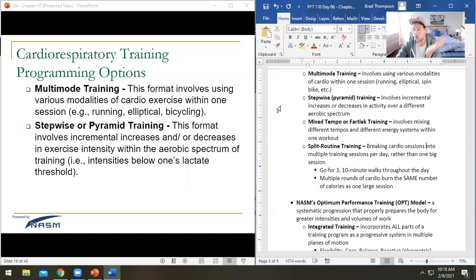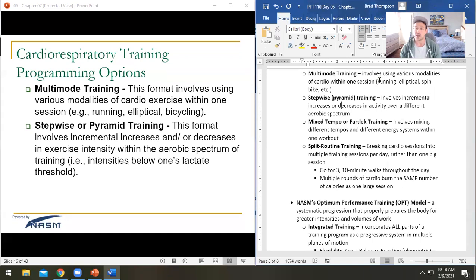Now, there's a couple ways we can incorporate this that will do all of this for you, right? There's what we call multi-mode training, which is kind of a fun way to do cardio. I like to call this the cardio sampler. I'll basically use a different modality within a session. So I'll tell my clients, all right, we're gonna get an hour of cardio in today, 15 minutes on the spin bike, 15 minutes on the rower, 15 minutes on the treadmill, 15 minutes on the stair climber.